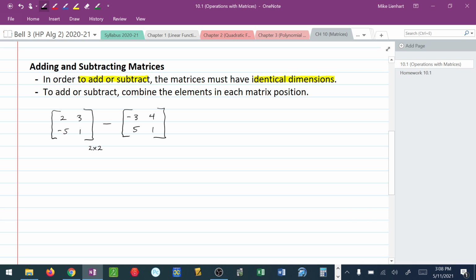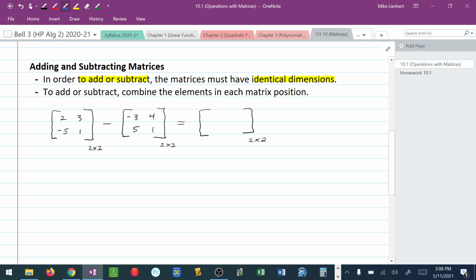And then what I get is a resulting matrix from this. Again, this matrix was also 2 by 2, and that allows me to create a resulting matrix that is a 2 by 2 matrix. My job now is to fill in the 4 elements of a 2 by 2 matrix.